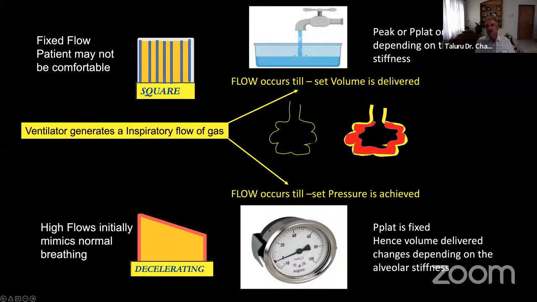Once I fix it, if the alveoli becomes stiff like this, I tend to have lesser volume. And there is no volume button on pressure modes. You have to alter the pressure. You have to give the ventilator more pressure so that the tidal volume you have in mind is achieved for that patient. So when you try to find a volume setting in a pressure mode, it won't be there. You have to understand that volume is delivered till the pressure is achieved.